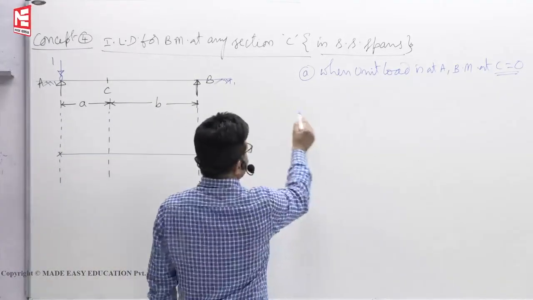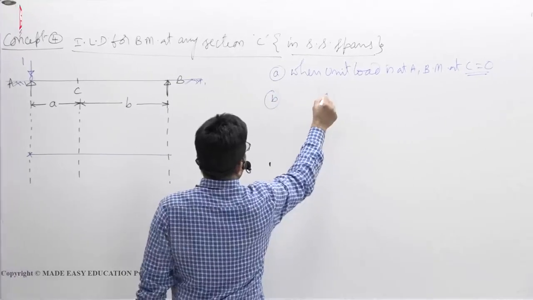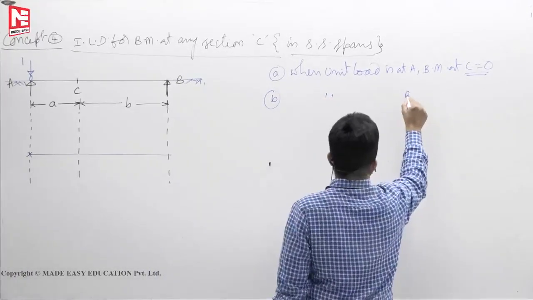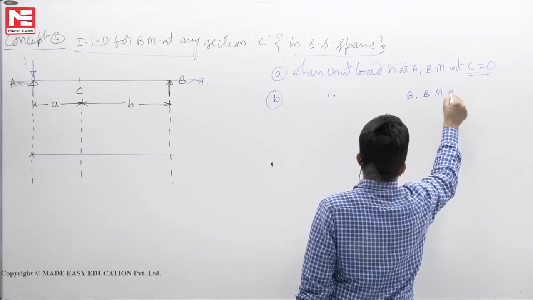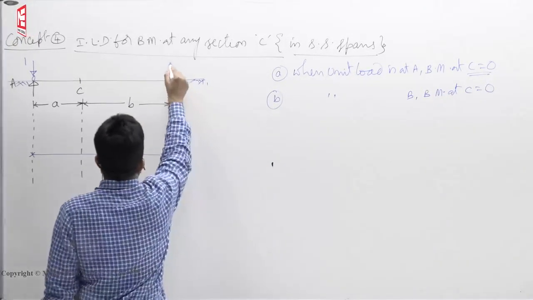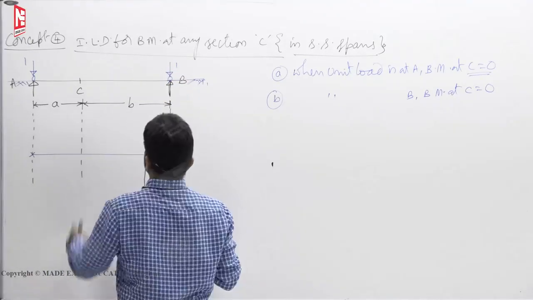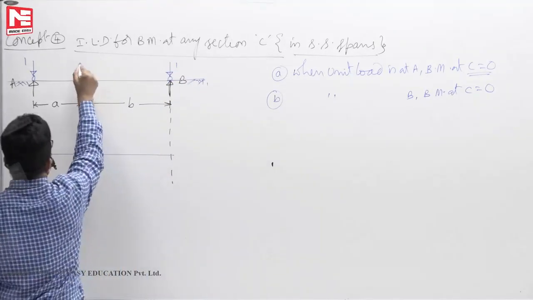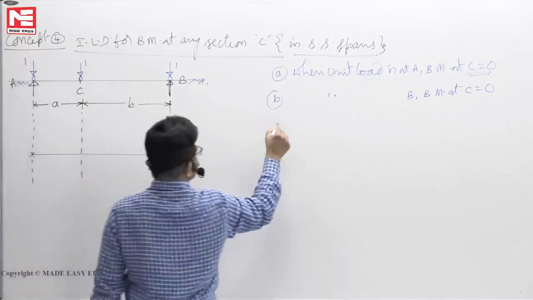Okay, so bending moment at C is 0. Next, when unit load is at B, what's the bending moment at C? Again 0. That also we know. When unit load is here, we know. When the unit load is at C, also we know.